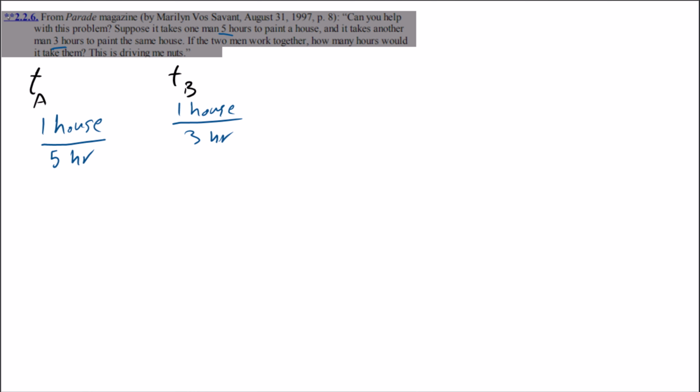It says that if the two men work together, they will paint one house. You must multiply this and multiply this. In this case, the hours will be removed and the thing that remains will be in the units of house. That is correct, as you can see on the right side of the equation.